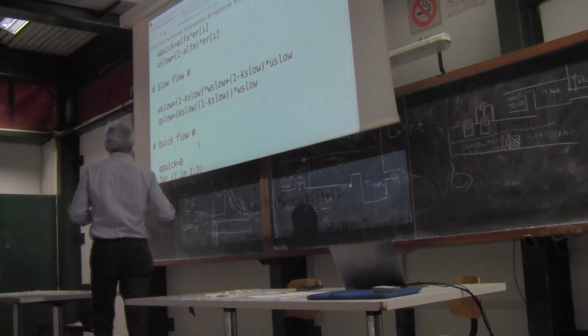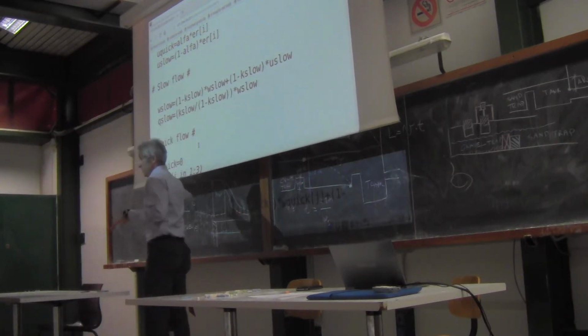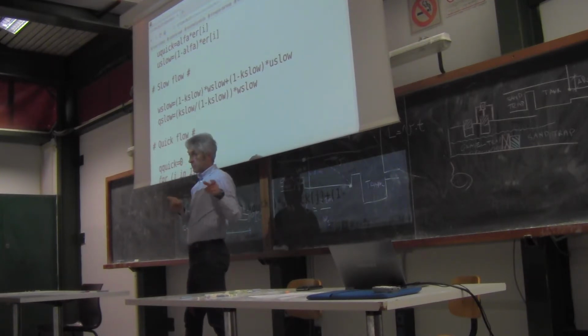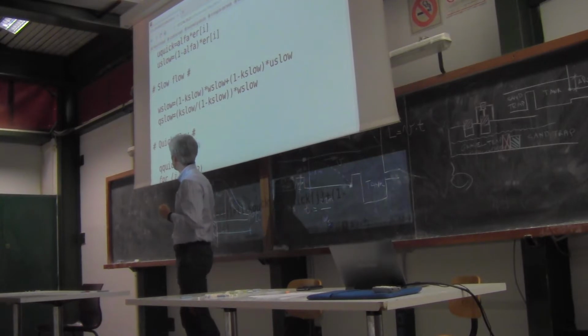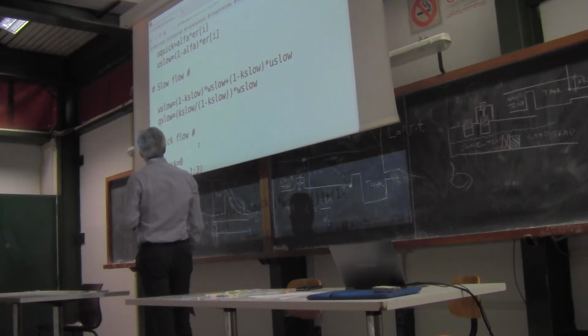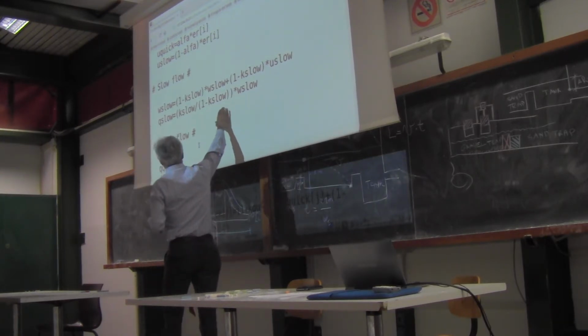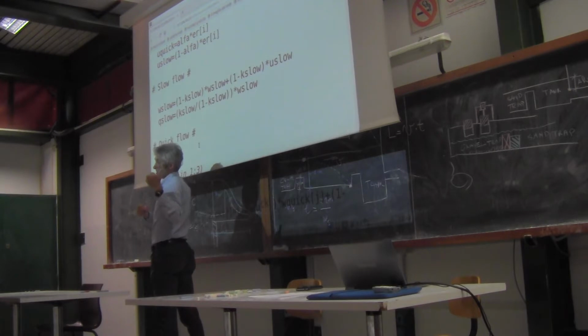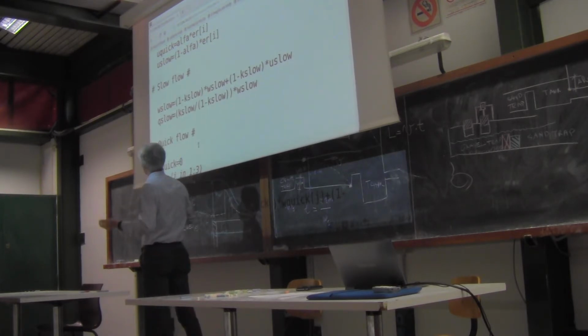And then we got to the stage where we had to route the contribution through the sequence of 3 reservoirs for the quick flow and the single reservoir for the slow flow. Sorry, I inverted slow with quick in my previous sentence. So 3 reservoirs for the quick flow and 1 reservoir for the slow flow.